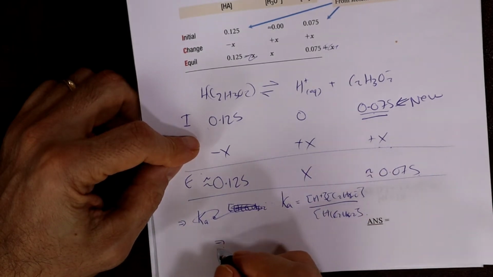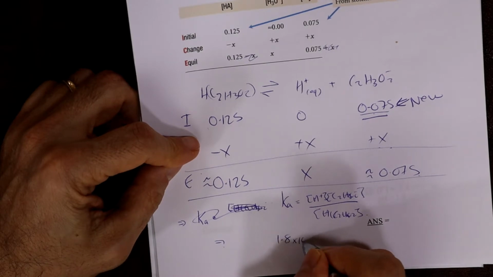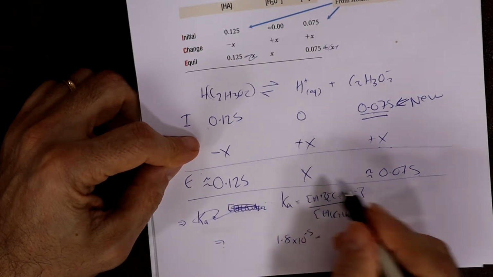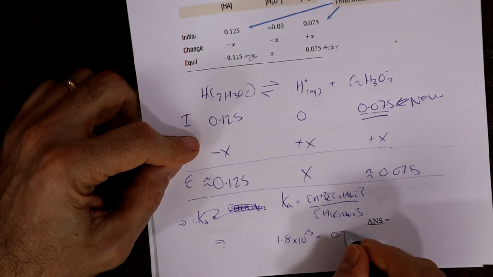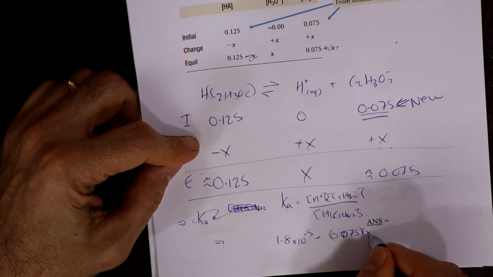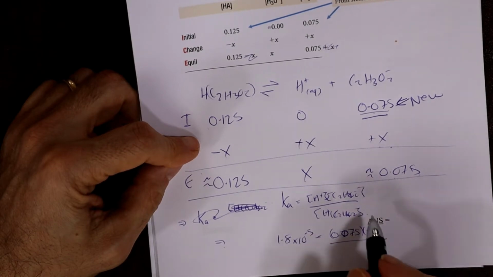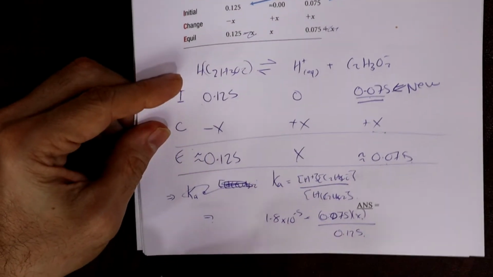Ka was given at the top. If you flip to the top of the page, 1.8 times 10 to the minus 5 equals, normally we write x squared, but we're not, because it's 0.075 times x, over 0.125.